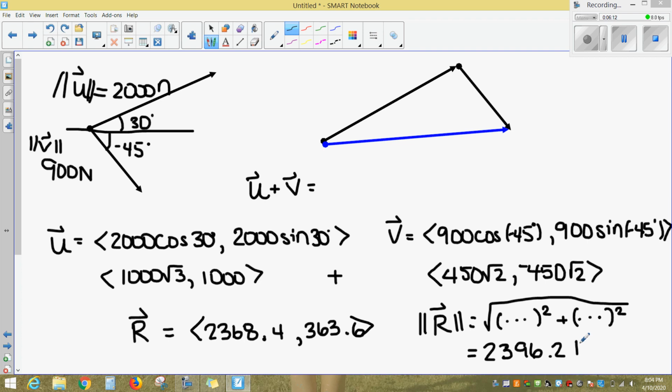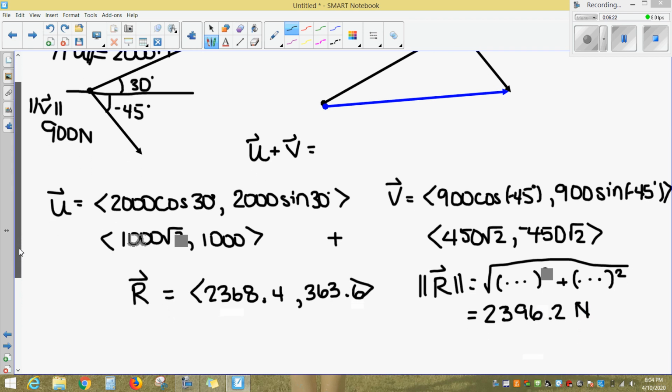Okay, it looks like newtons is my unit. This guy was newtons, this guy was newtons, so the resultant vector will be in newtons. Okay, the total force exerted by these two forces is almost 2,400 newtons.